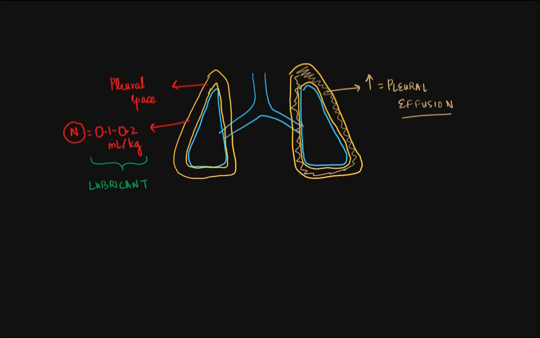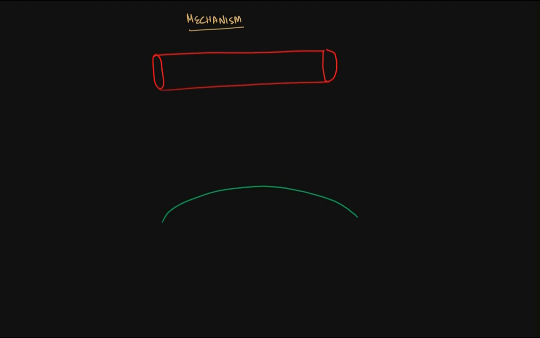Before we understand the etiology of pleural effusion, let's look at the mechanism of formation of pleural effusion. Let us take a single blood vessel for representation, and the diaphragm and the space between these two as the pleural space.